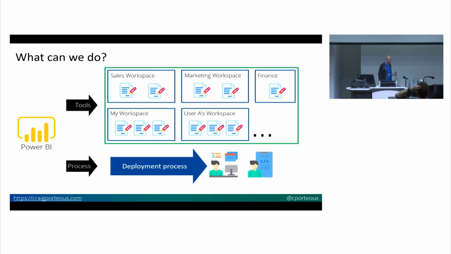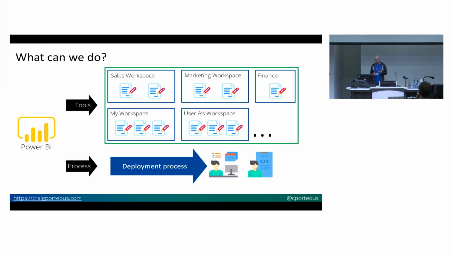The alternative is a deployment process. So you tell people that to deploy to Power BI, they have to go through this specific process. They have to send the file to some specific team or person that then has to get approved for pushing it to Power BI. They have to give reasons of what they've changed and why they've changed it. But you just know that that little button on Power BI that says publish is just going to be too tempting to just hit that and forget all of that process.